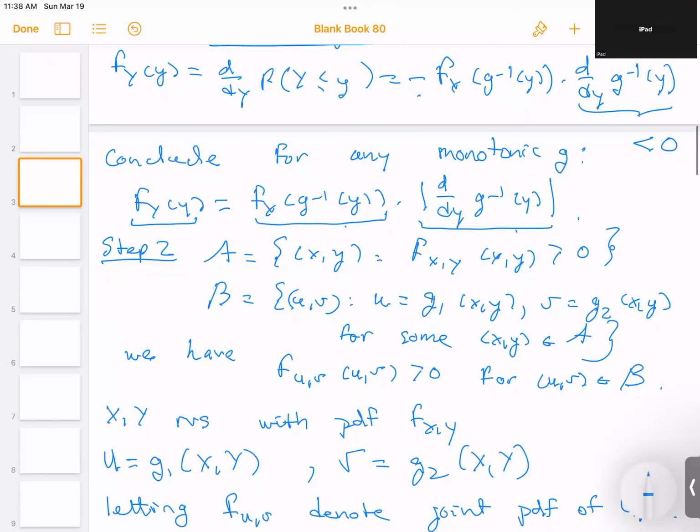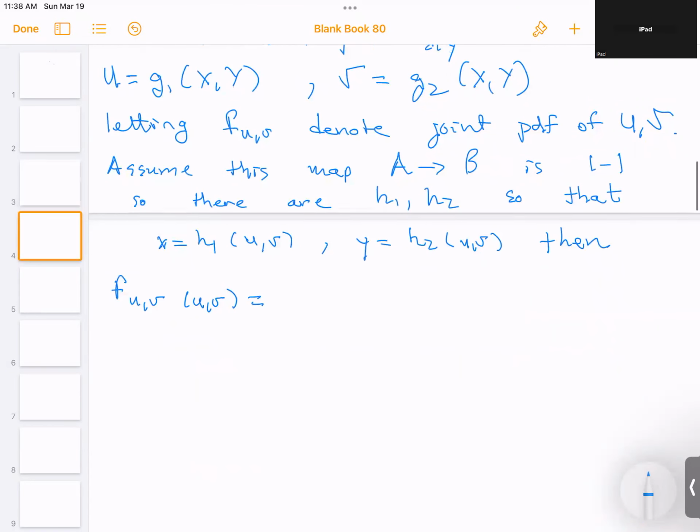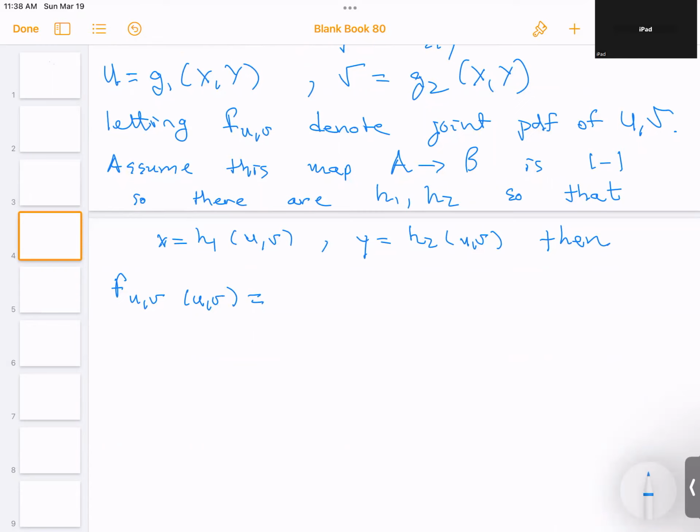So this is going to involve h1 and h2, not so much g1 and g2. So I'm going to have f_{X,Y}, and in here I want x and y, which is what f_{X,Y} understands. So I'm going to have it in my new variables, h1(u, v), h2(u, v). And this is perfect so far. And then I want times the absolute value of the derivative of the inverse map.